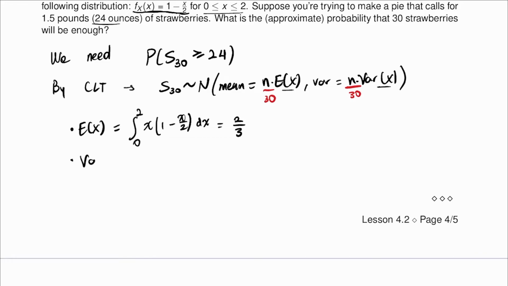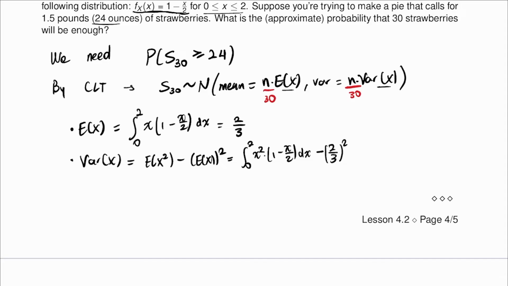Now we just need the variance. We can use the rule that the variance is the expected value of x squared minus the square of the expected value. This is the integral from 0 to 2 of x squared times 1 minus x over 2 dx minus the expected value of x, 2 over 3, squared. If we calculate that, this is 2 over 9.